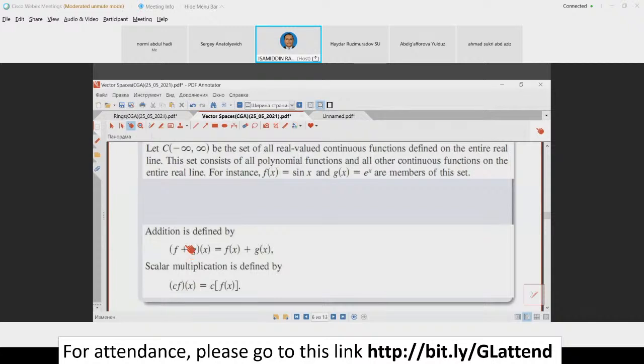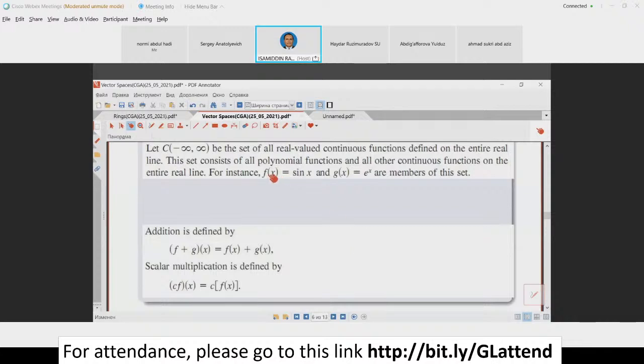This is defined on C(-∞, +∞). And this is addition of real numbers. The addition operation in C we define by using addition and multiplication of real numbers.